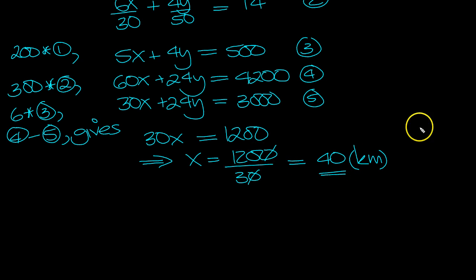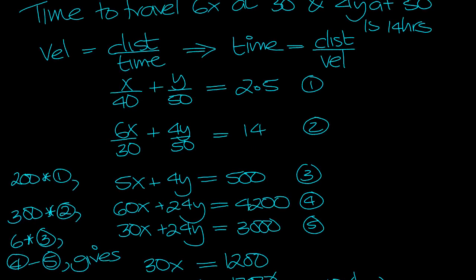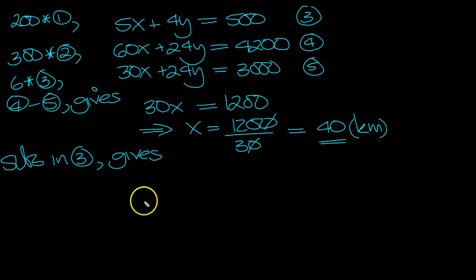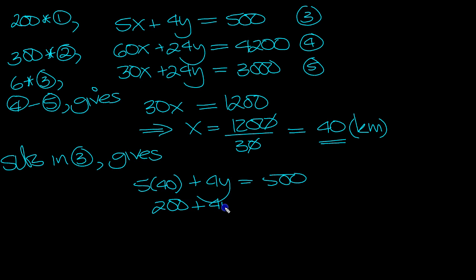And now we can get y, because we know x. Let's use one of these equations then. Let's use this one, sub in x equals 40. Looks the easiest one to use. So 5 times 40 is 200 plus 4y equals 500.